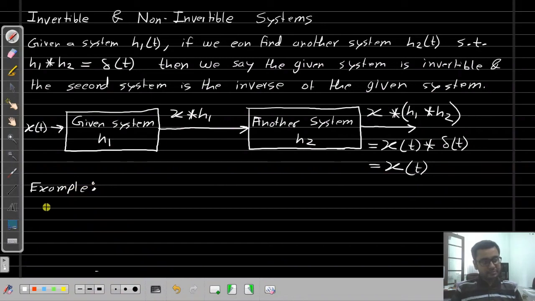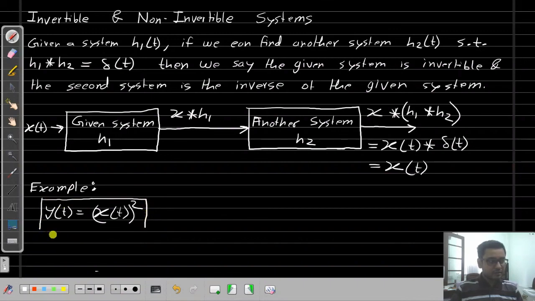Let us take an example. Suppose a system behaves in this way. Output is equal to input squared. So if you give, say, 2, you get 4. If you give -2, you also get +4.